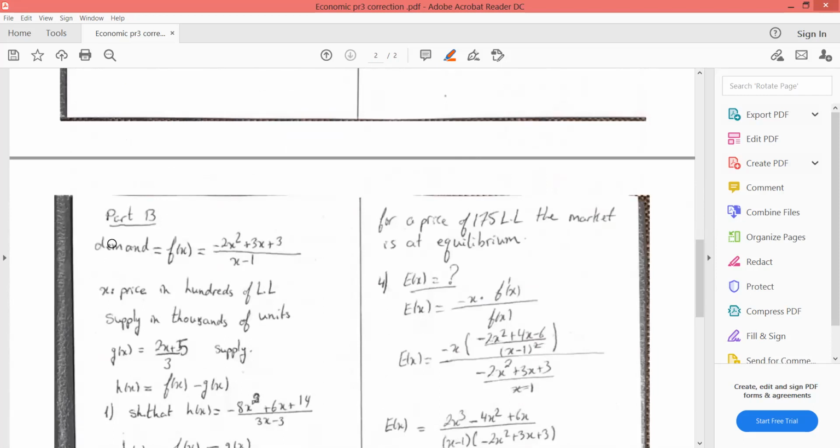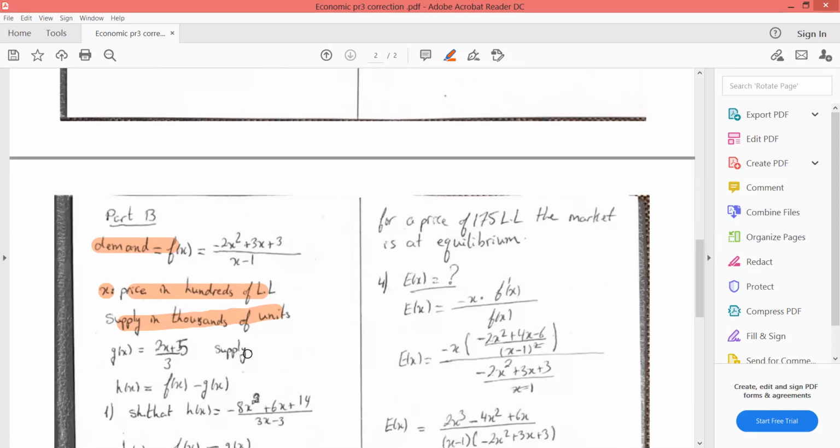Here, the given fx is the demand. X is the price in hundreds of Lebanese lira. Supply is in thousands of units, and is given by this relation: gx equal to x plus 5.